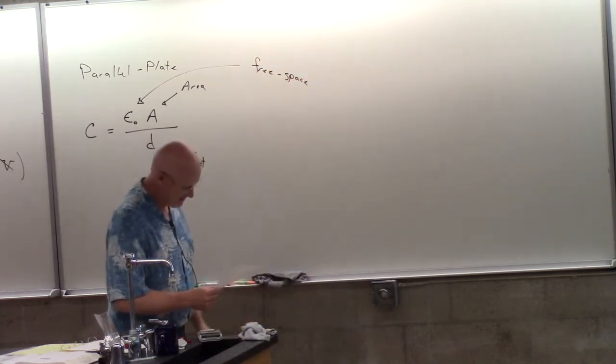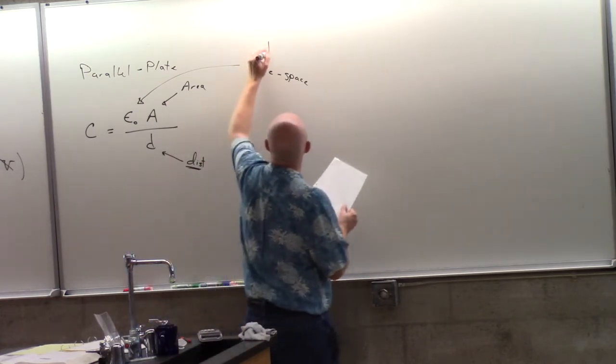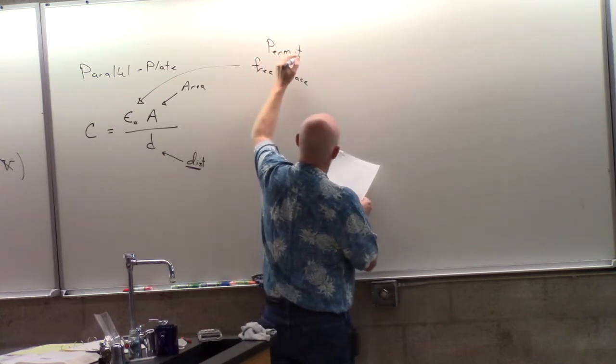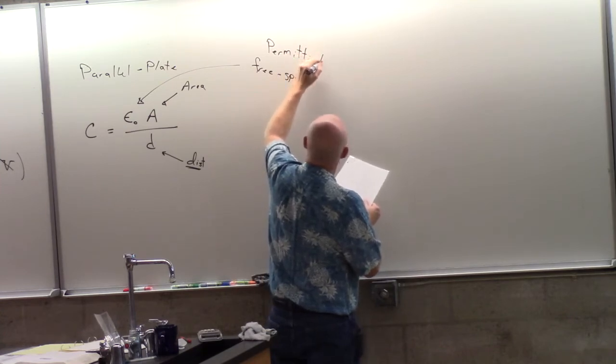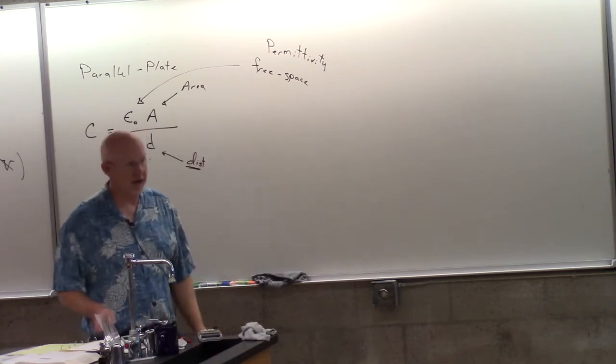In other words, there is nothing between them. We refer to this as the permeability of free space, although to be quite honest, I don't have exactly free space. I have air molecules.